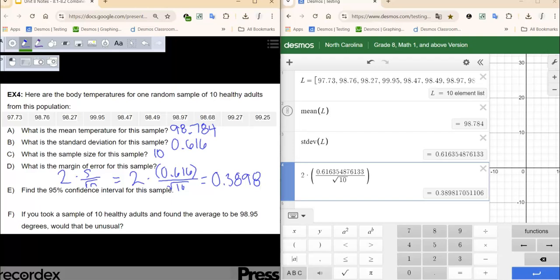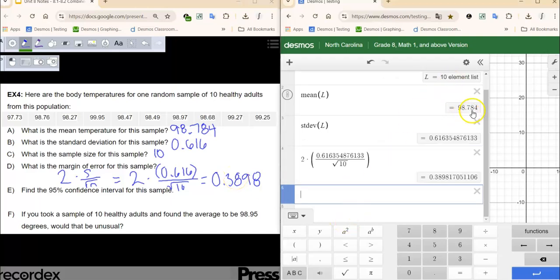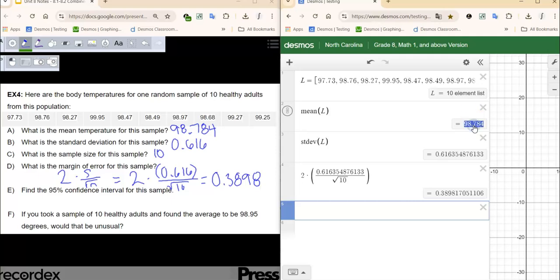That's how far we can be off here. So if I want the confidence interval for this sample, I'm going to take my mean value, which was 98.784, and I'm going to add or subtract my margin of error. So first, I'm going to copy that mean right here.